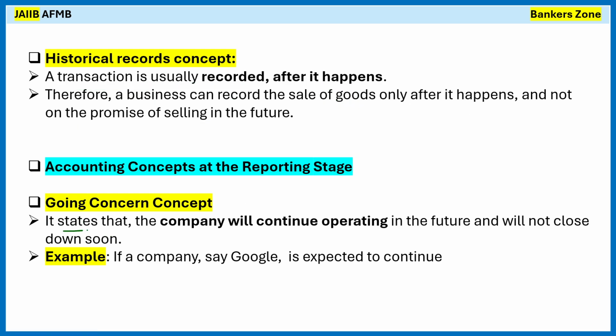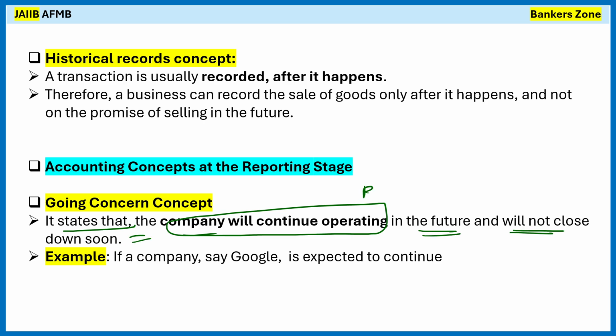It states that a company will continue to operate in the future and will not close down soon. For example, Reliance Industries. Can anybody say that Reliance Industries will close down? No, because as accountants we have to assume that Reliance Industries will continue to operate in the future years.